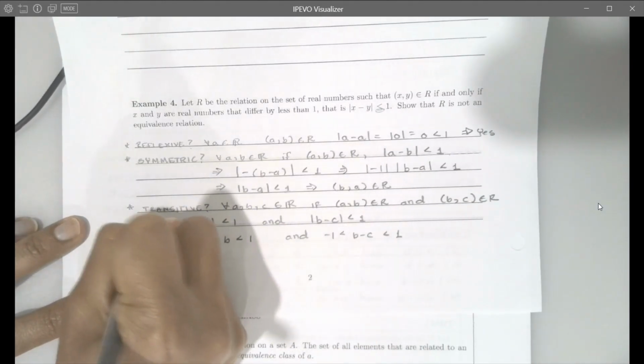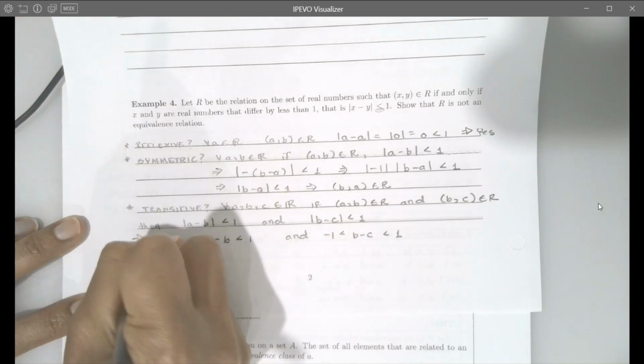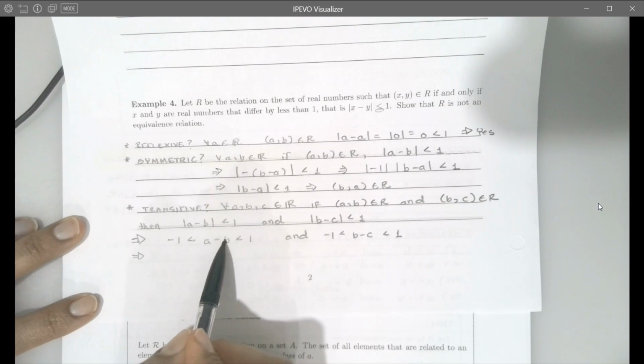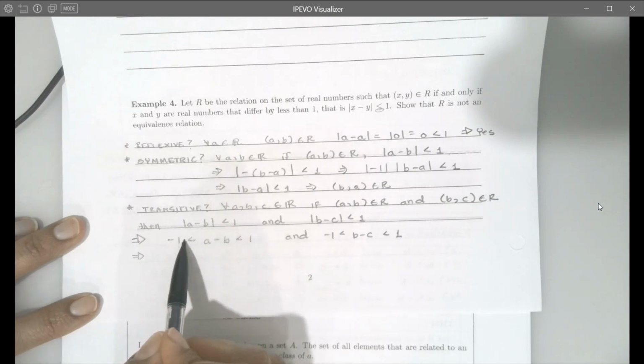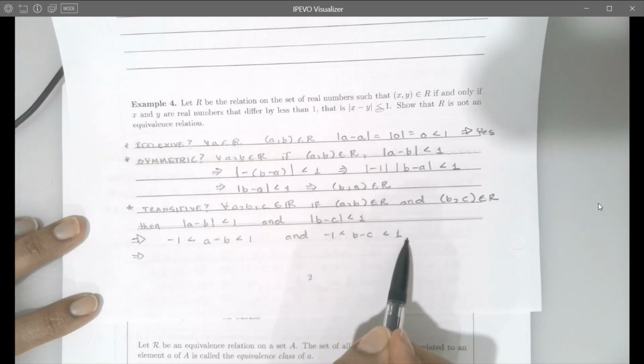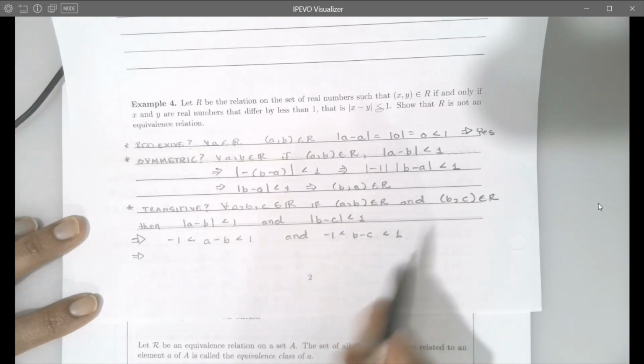Okay, so what we can do now is combine these two inequalities to come up with a result. If A minus B has to be greater than negative 1, and I add the two inequalities together, the result in the middle is going to be greater than negative 2.